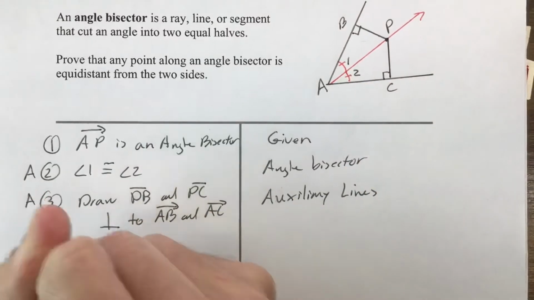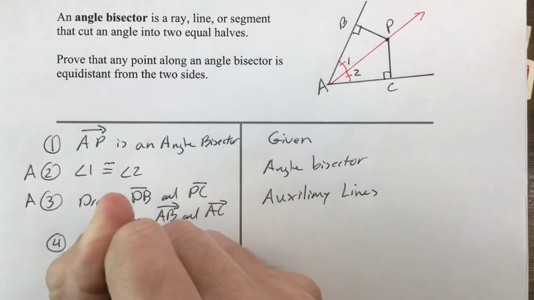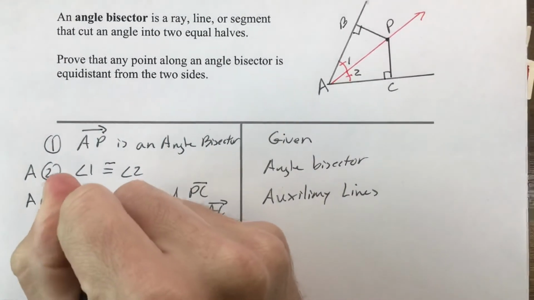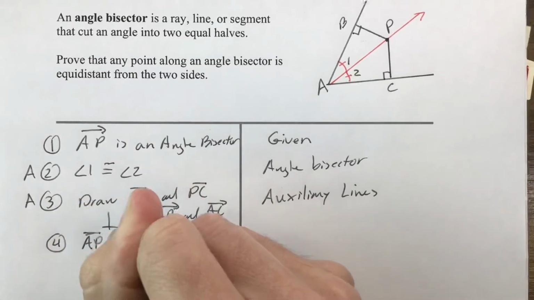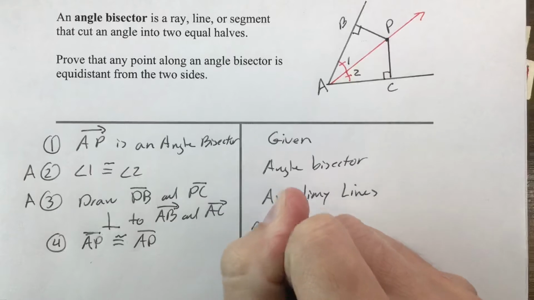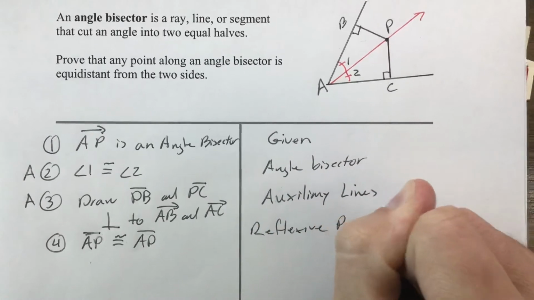So step 4, AP is congruent to AP, that'd be the reflexive property.